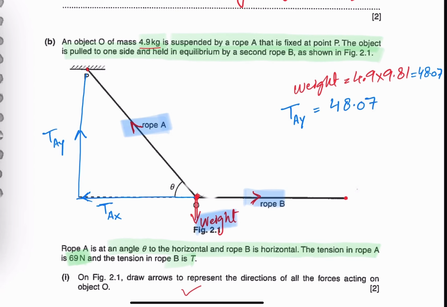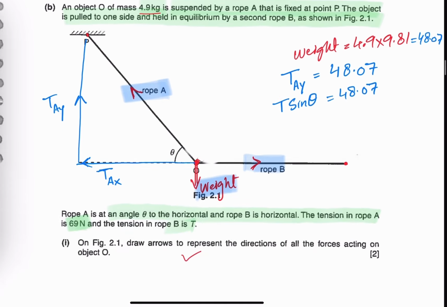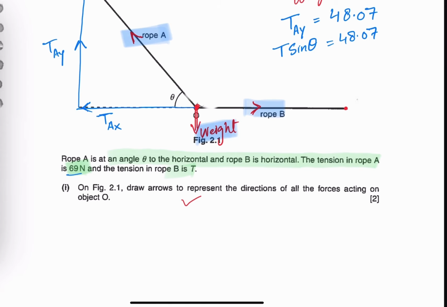So the Y component, T sine theta, equals 48.07. What is the value of tension? It's given that the tension in rope A is 69.